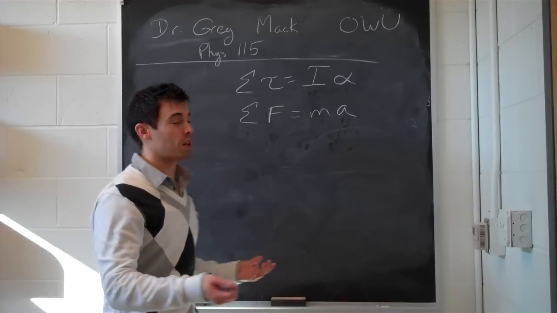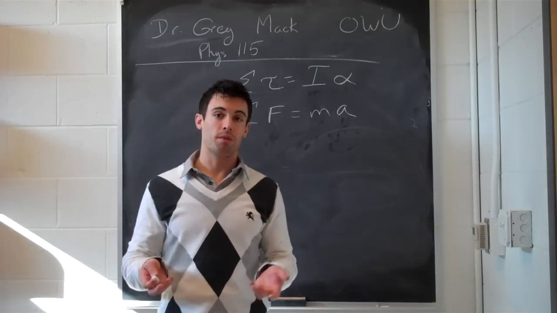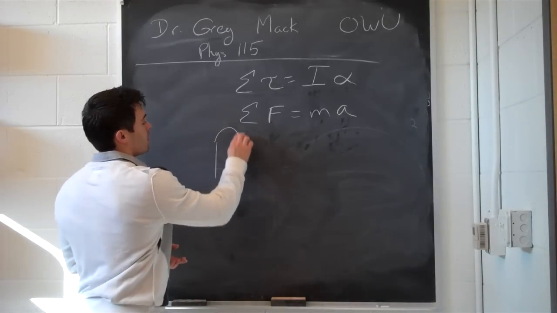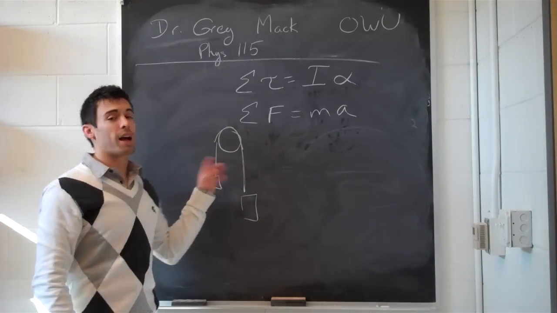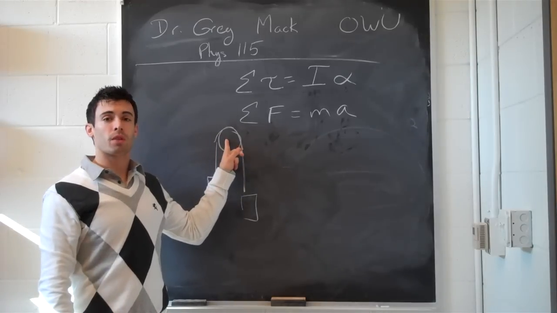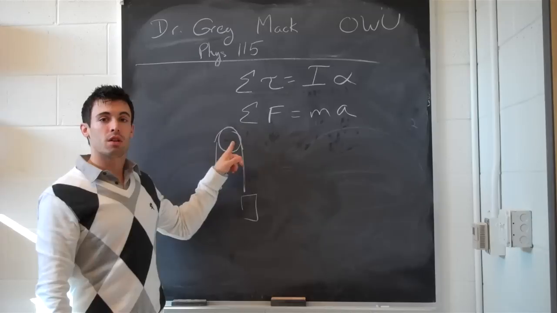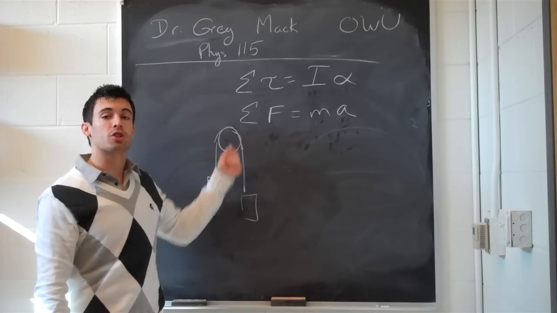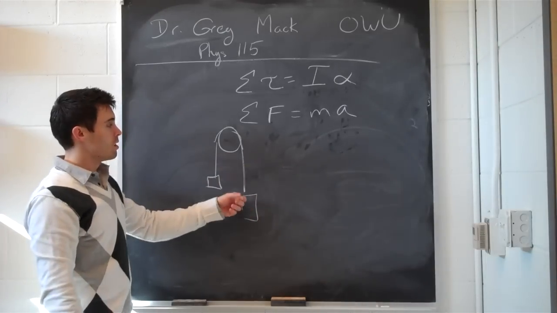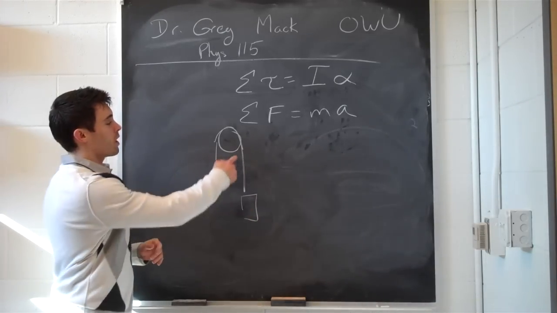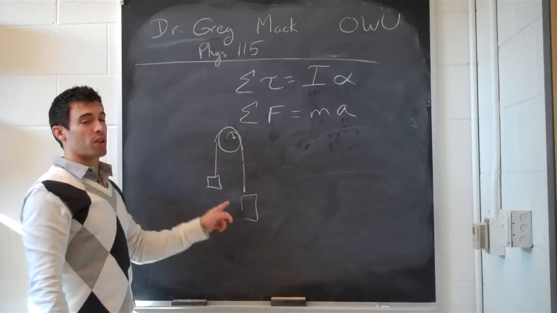So if we have, like we did in class, an Atwood machine, which is basically just two blocks on a pulley, then we no longer can neglect the fact that the pulley is turning, and the fact that forces have to be applied to this pulley in certain ways to create a torque that makes it go in a certain direction. So if this tension is bigger than this tension, then it will move to the right. If this tension is bigger than this one, it will move to the left.